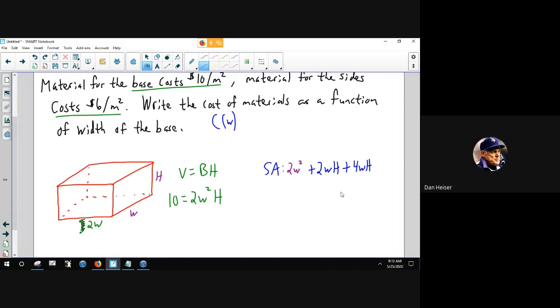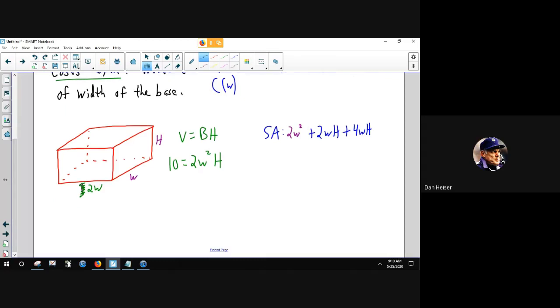Also, let's fold our costs in right now before we forget about it. So, material for the sides, $6 per square meter. Let me scroll down a little bit here. I'm going to use capital C for cost.